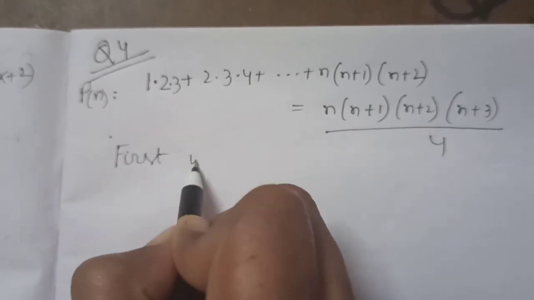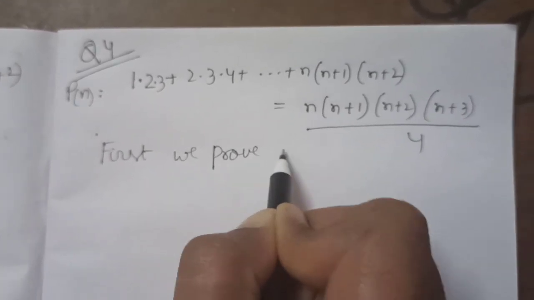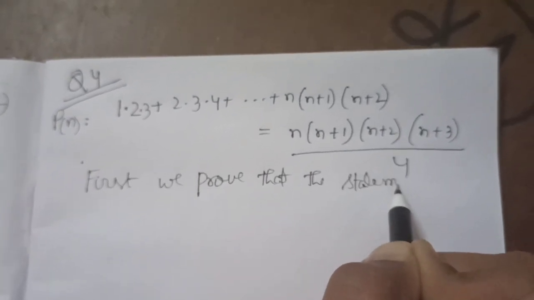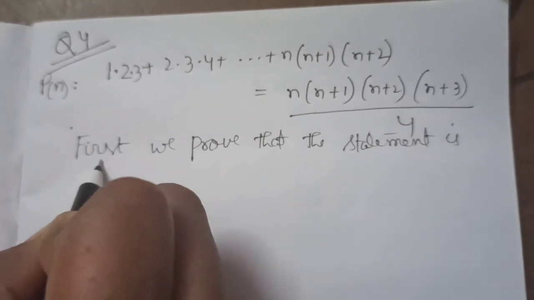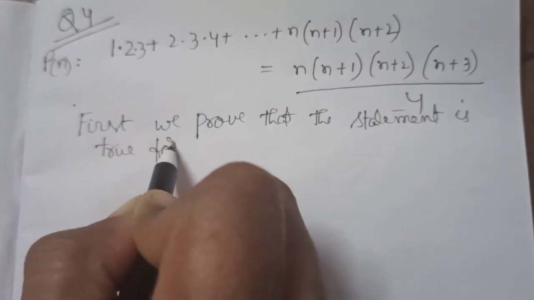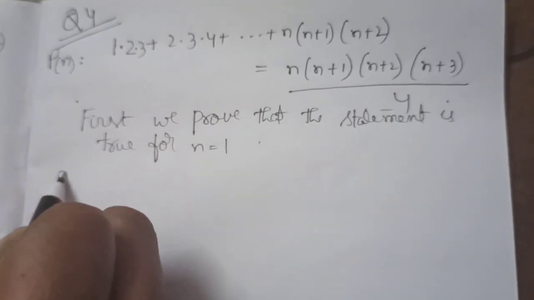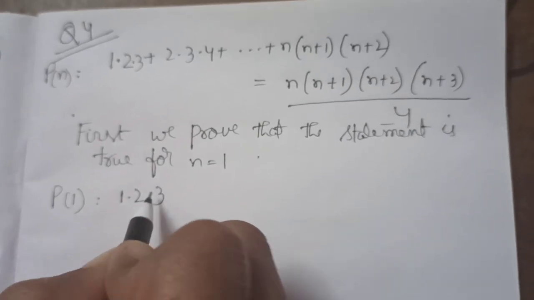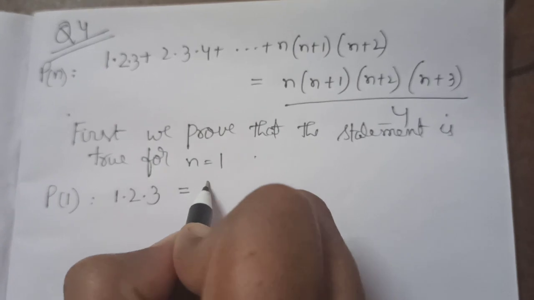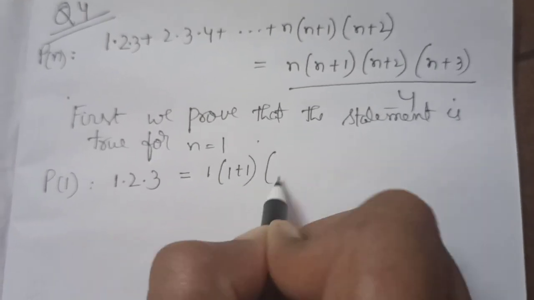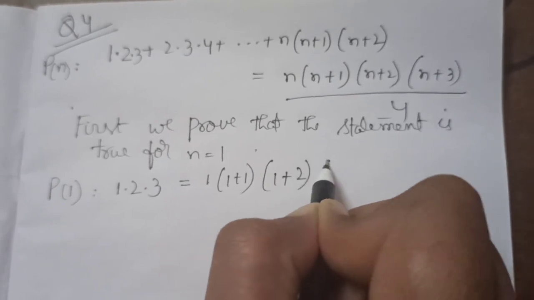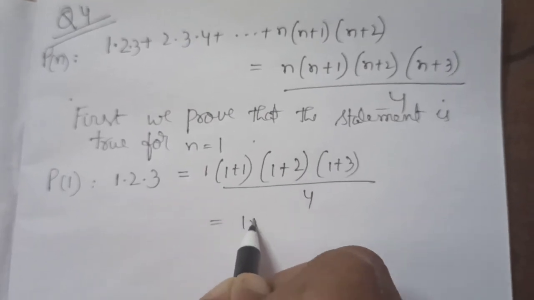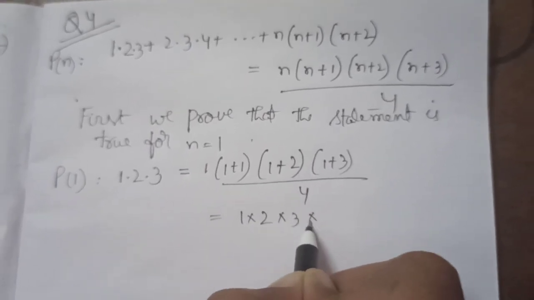So first we prove that the statement is true for n equal to 1. That means your P of 1: 1 into 2 into 3, which is equal to 1 into 1 plus 1, 1 plus 2, 1 plus 3 by 4, which is equal to 1 into 2 into 3 into 4 by 4.